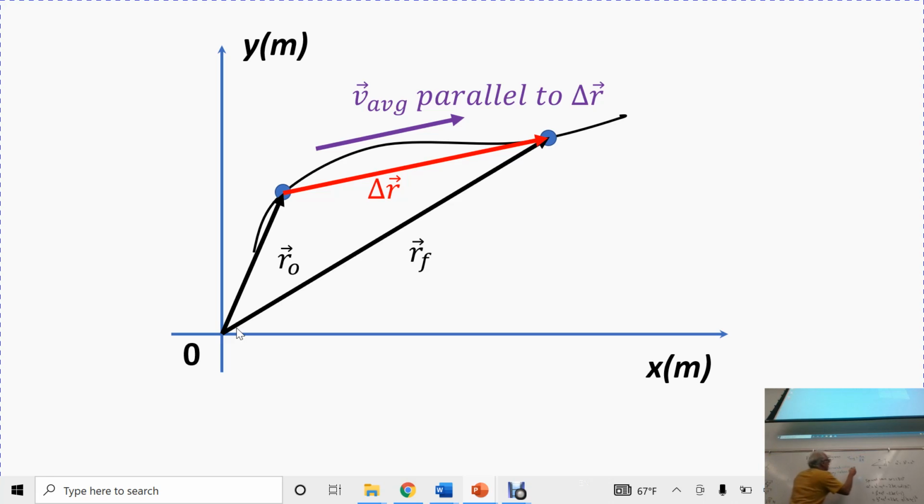But in vectorial fashion, it's still the same definition, just different letters: delta r over delta t. Because delta t is a positive scalar, the average velocity vector is going to have the same direction as the delta r vector. See that? Average velocity vector parallel to delta r.